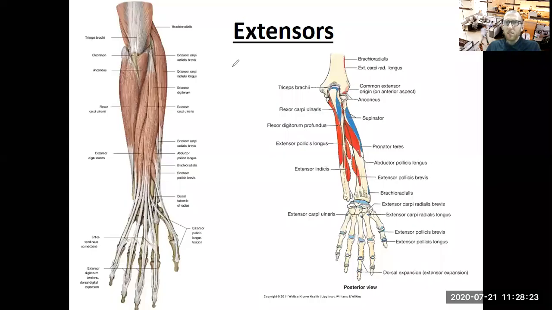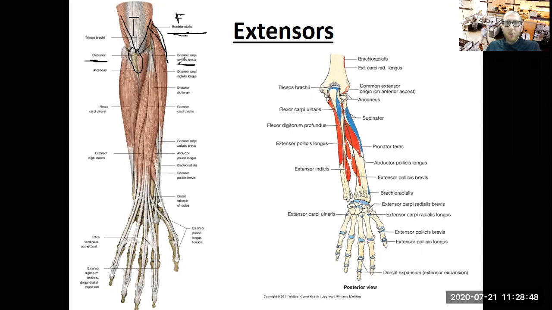And with extension, just to orient yourself real quick, you want to make sure you see the olecranon with the triceps coming down into that olecranon as the insertion point for that. This is where the brachioradialis kind of comes over the side, but again, brachioradialis is more a flexor than an extensor, even though it's innervated by the radial nerve.